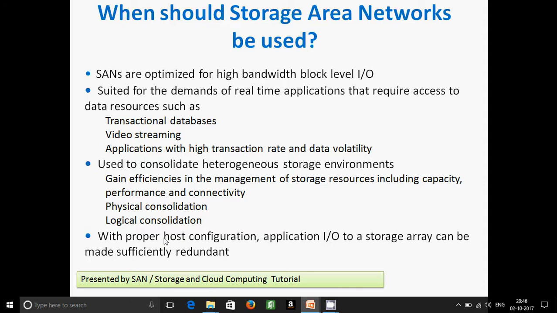The last one is that with proper host configuration, application IO to a storage array can be made sufficiently redundant. So basically the storage area network is a high performing network that customizes a lot of things. Wherever you require high performance applications, you prefer a storage area network, and wherever you have heterogeneous hosts or heterogeneous storage in your environment, you should also use the storage area network.